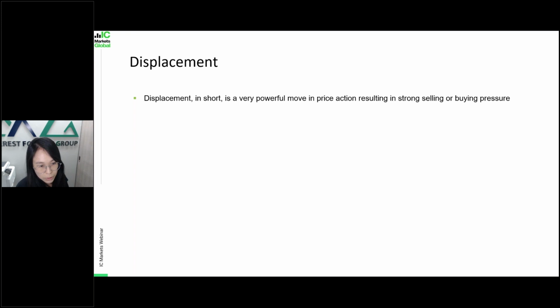These candles typically have large real bodies and very short wicks, suggesting very little disagreement between buyers and sellers. So you'll be looking for candles with very large bodies and very short wicks. This will be displacement.